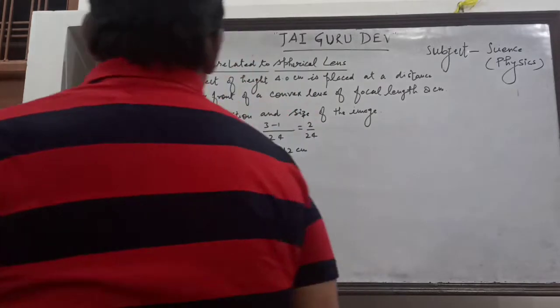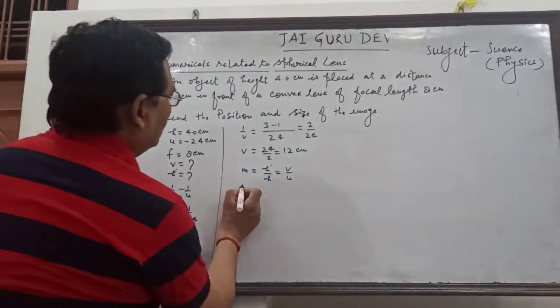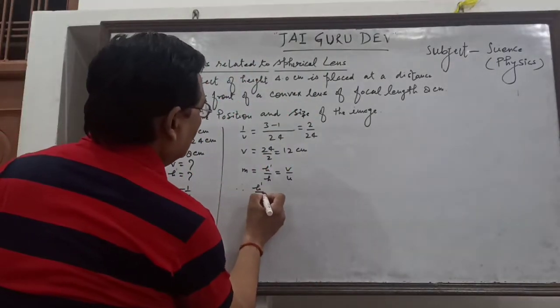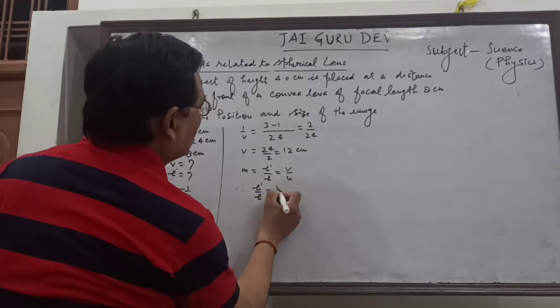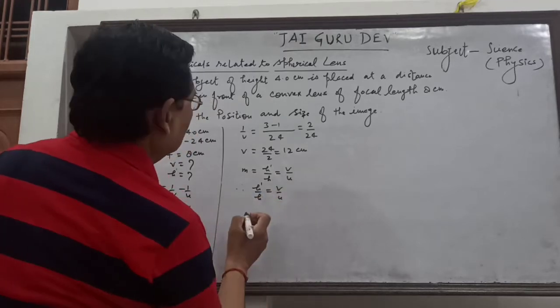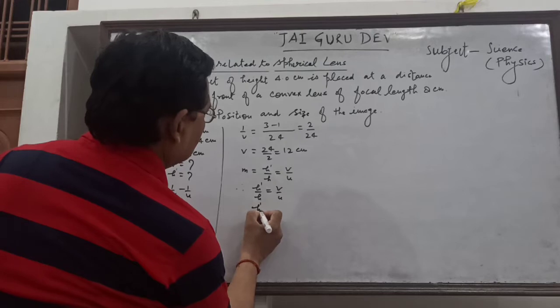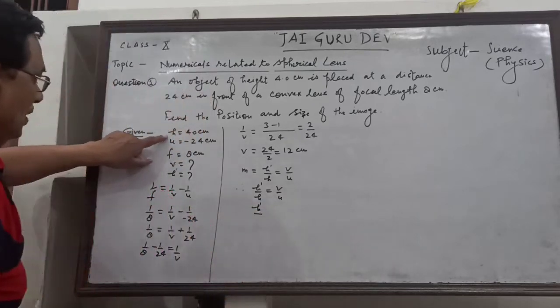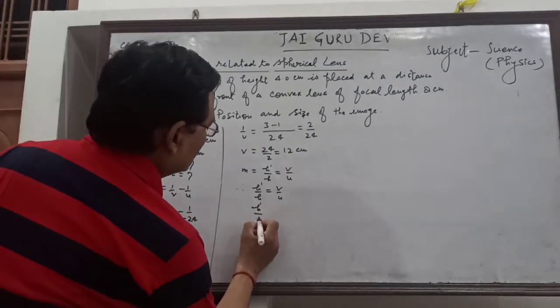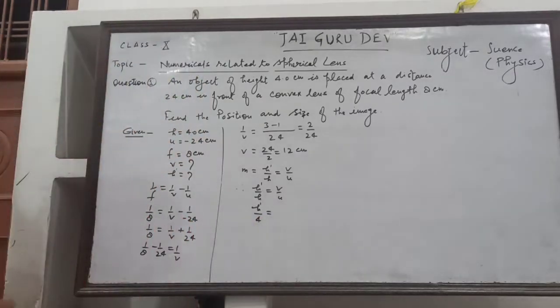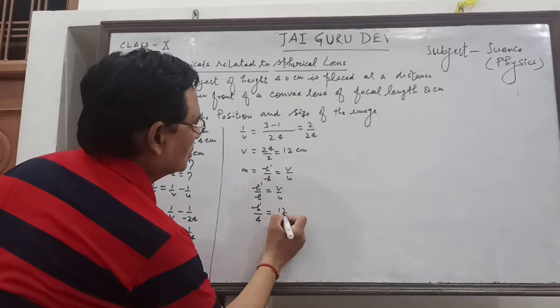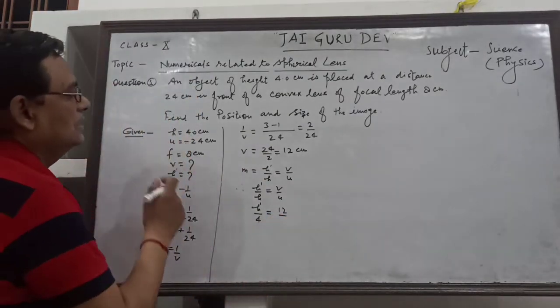Therefore, h dash upon h is equal to v by u. H dash, value of h 4 centimeter, is equal to v 12 centimeter and u minus 24.